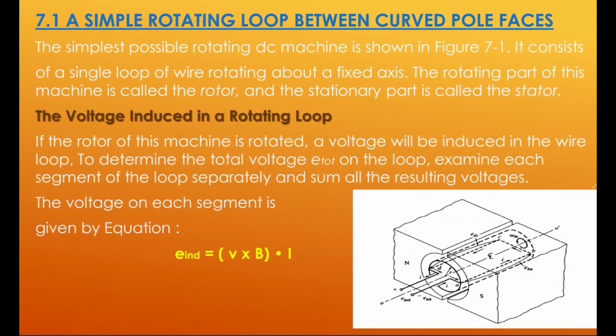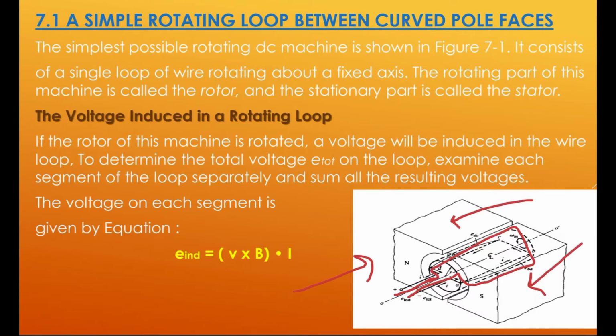Section 7.1. A simple rotating loop between curved pole faces. The simplest possible rotating DC machine is shown in figure 7.1. This is a simple machine. It consists of two poles, north and south, and we have a loop between the poles, which rotates between the poles.